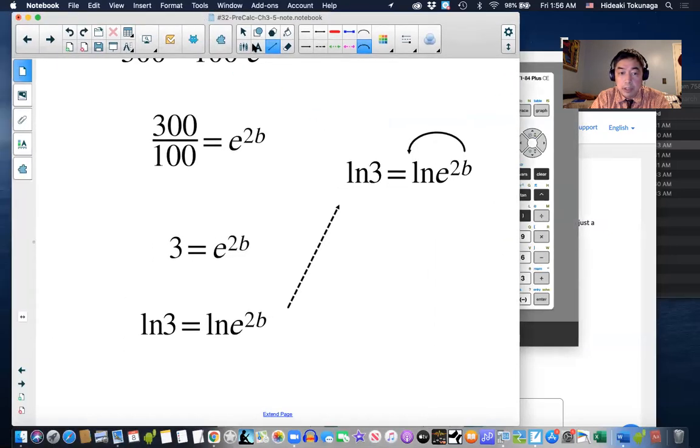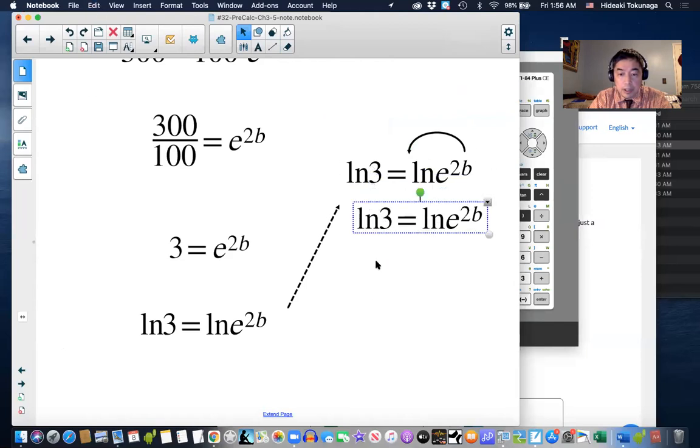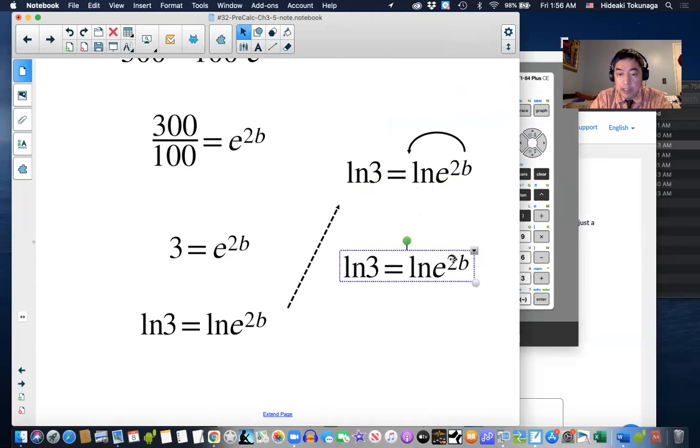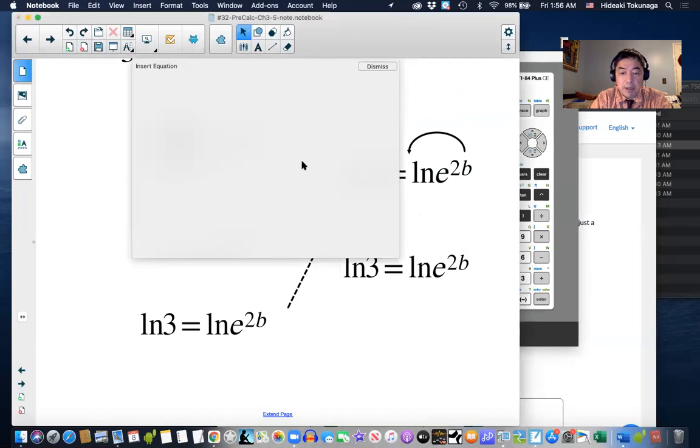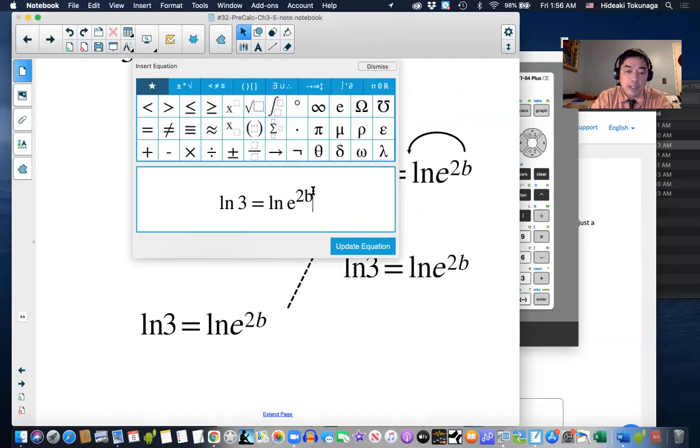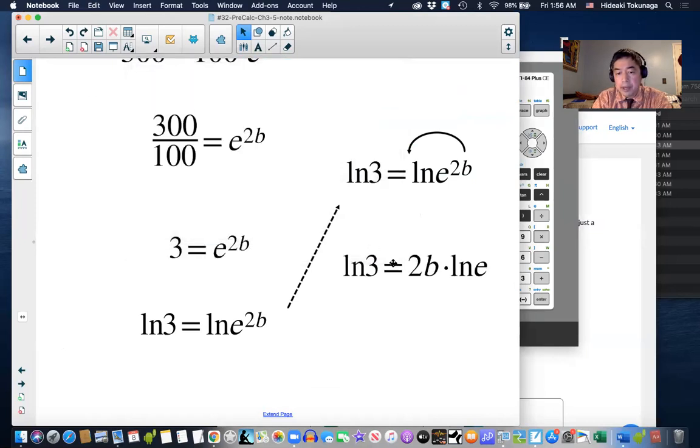So first, 2b is going to be from the exponents. If it's this notation, you can plug in the exponent: 2b times this equation. Now, log base E of E, that's what the natural log is.